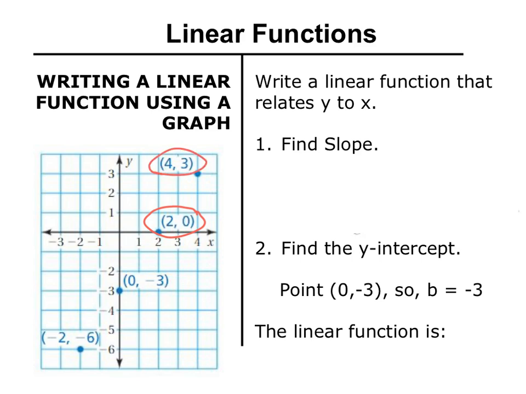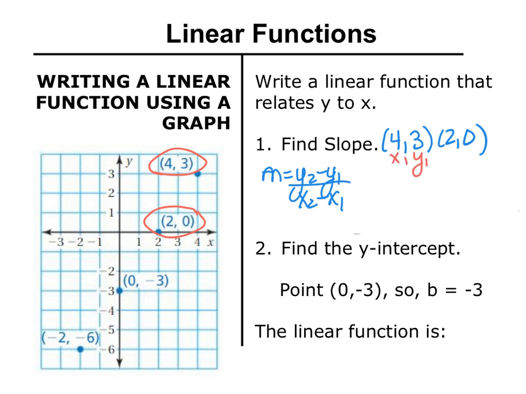Remember, my equation for slope is y2 minus y1 over x2 minus x1. I'm going to rewrite the points here, (4, 3) and (2, 0), and label them x1, y1, x2, y2.